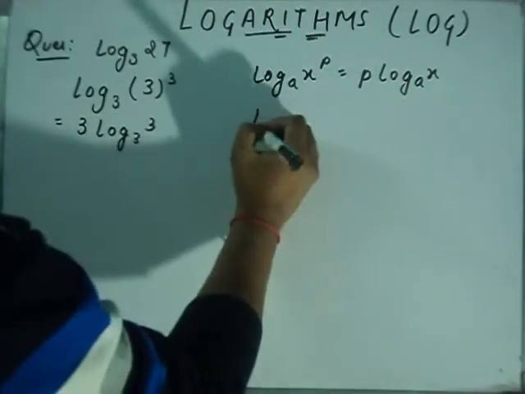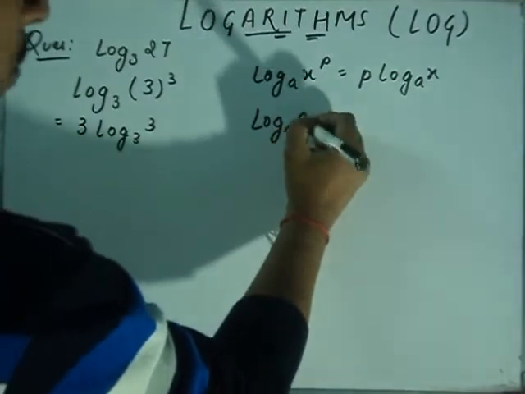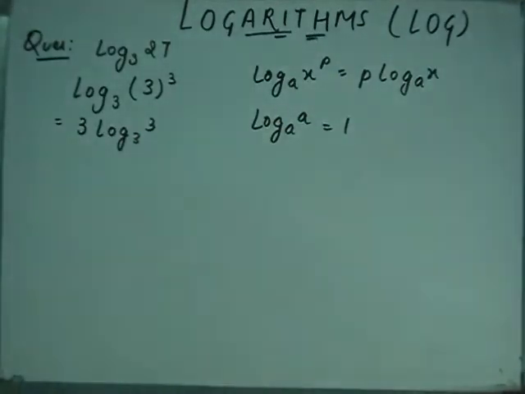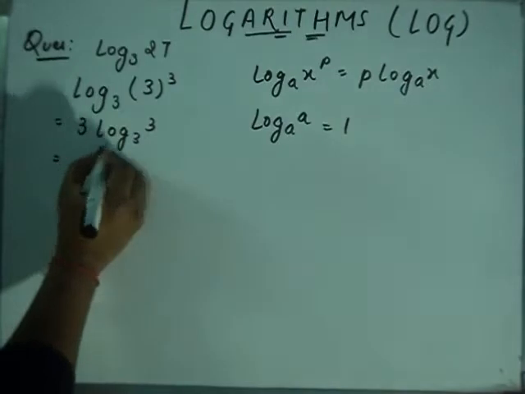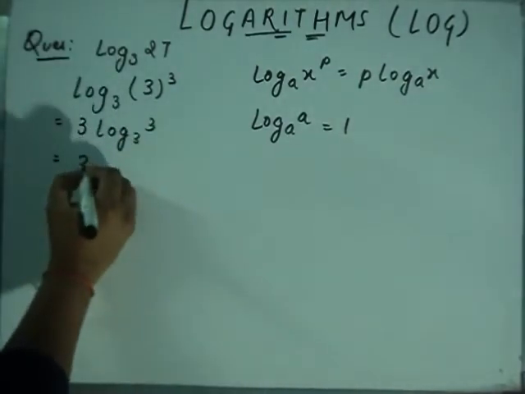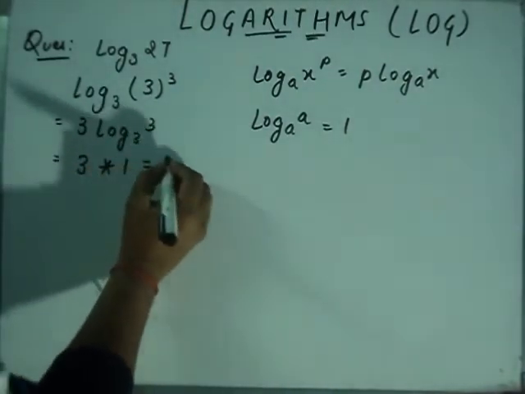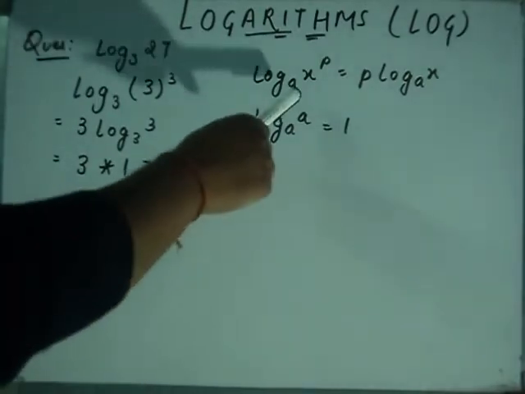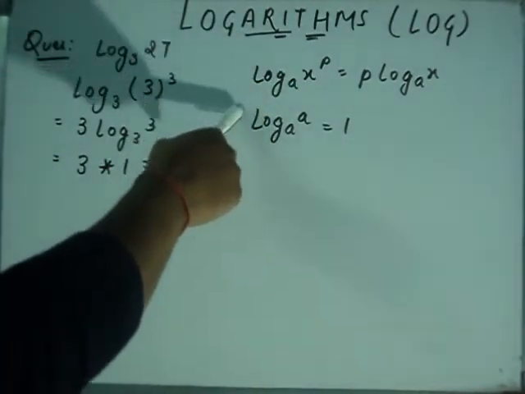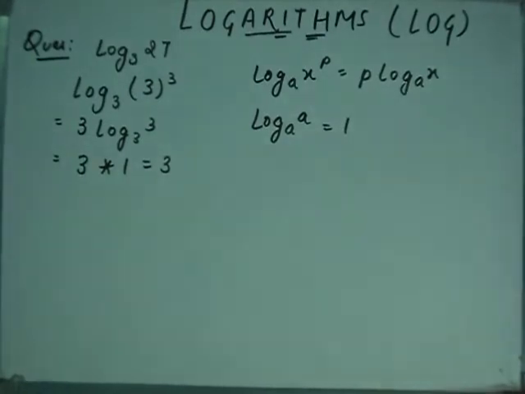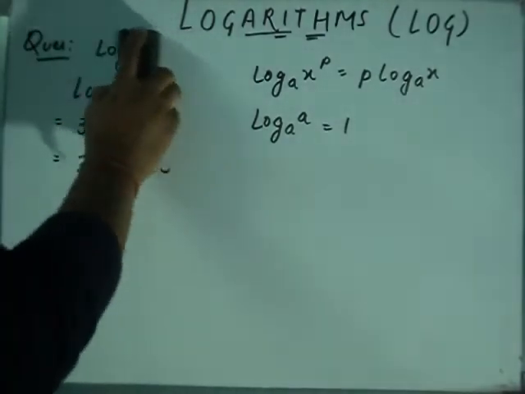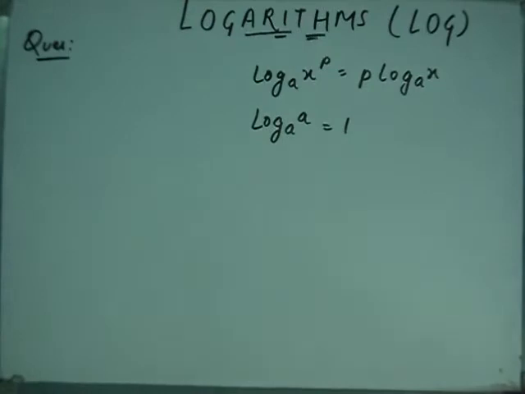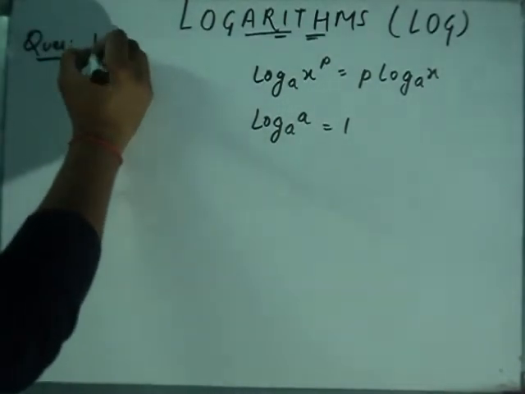And as we know our property is this, so this value will become 1 and I am going to write it as 3. Okay, here we get one property, this is our another property. In my next question, maybe we will get some other properties while discussing the numerical.